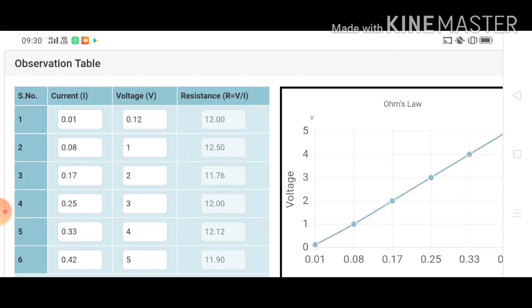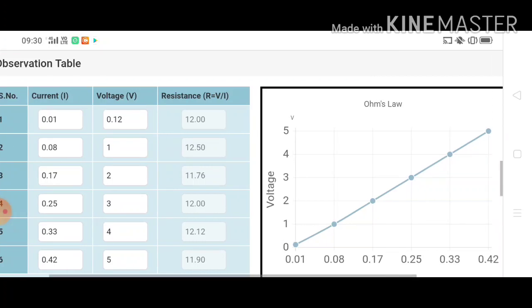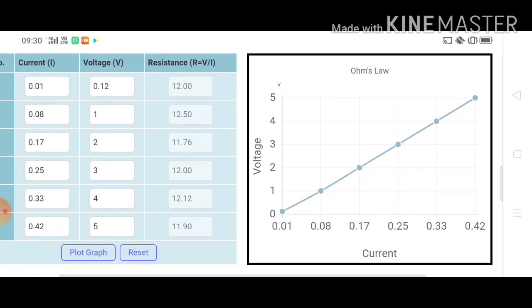We had measured 6 values. There is one separate column for resistance as well. So when a graph is plotted between V and I, that is voltage and current, you obtain a straight line passing through the origin. Now in this case, the temperature and all the physical conditions have been maintained constant.